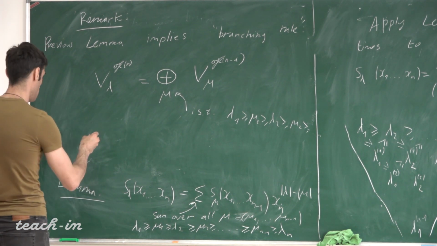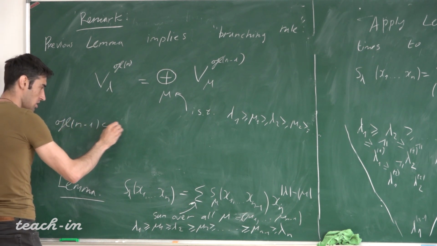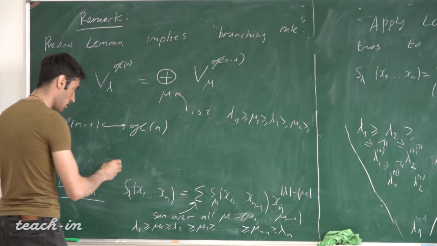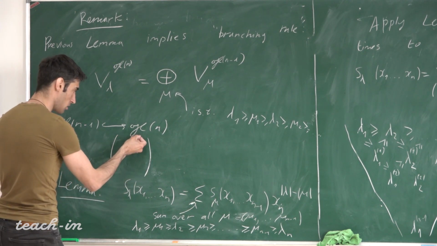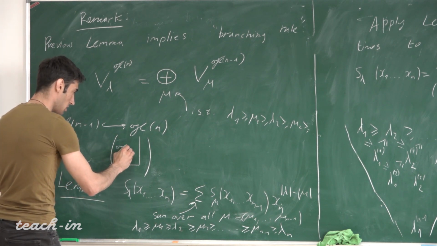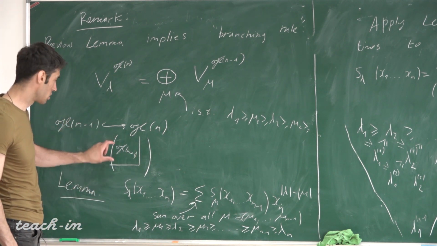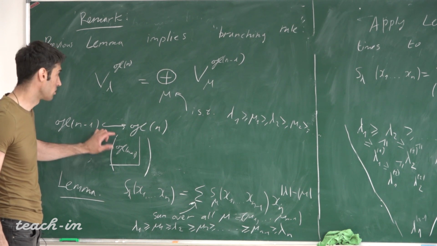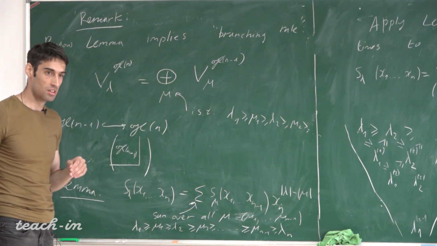So what does it mean? It means that GLN minus 1 sits inside GLN. GLN is all matrices, and you take the upper left corner, and here sits GLN minus 1. So if you take a representation V lambda and restrict it to a representation of GLN minus 1, it's now not irreducible, but it decomposes into irreducibles. How it decomposes?